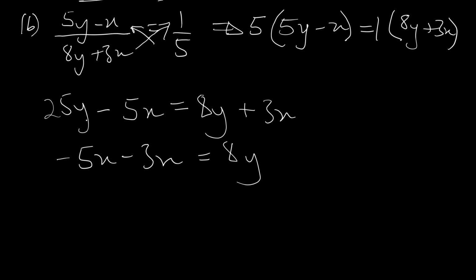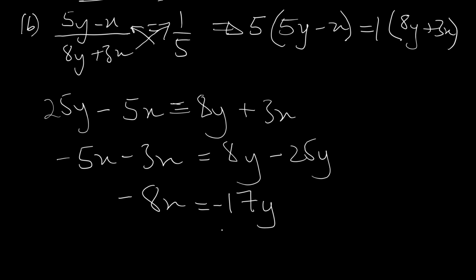Then we have 25y, which is positive; when it crosses the equal to sign, it becomes negative, so minus 25y. Now this should give us negative 8x is equal to negative 17y.